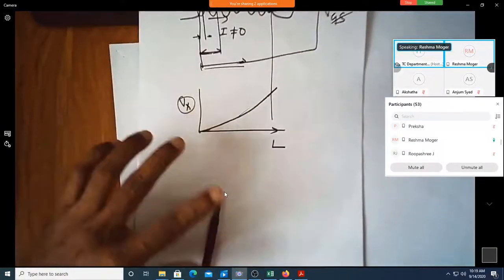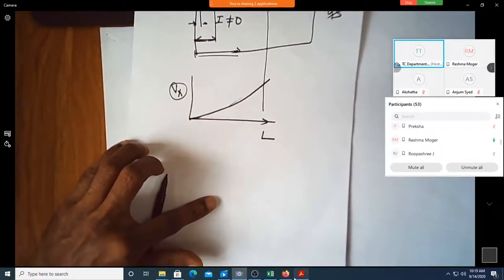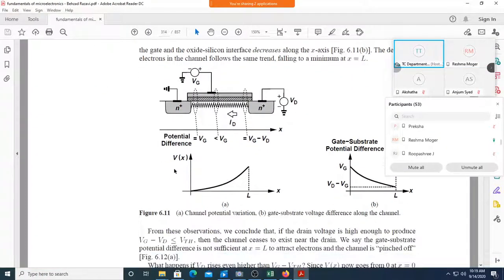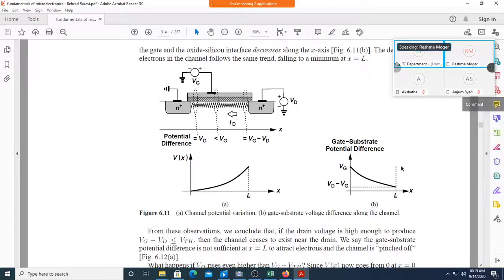So what is happening here is, if you can see this PDF, can you see this is Vx? It is increasing as the length of the channel increases from here to here. Can you see here? What does this actually say? Can you make out this? This is the effective Vg in the presence of current flowing in the transistor.